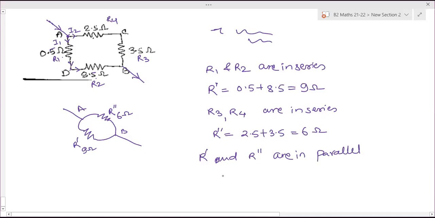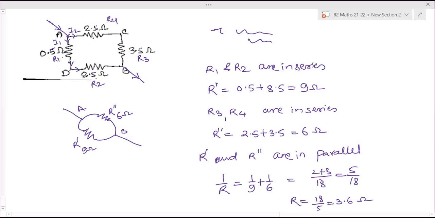So 1 by R is equal to 1 by 9 plus 1 by 6, which is 2 plus 3, 5 by 18. So R is equal to 18 by 5, which is 3.6 ohm. Clear? So this is the total resistance between A and B.